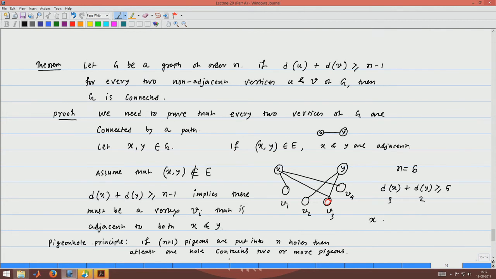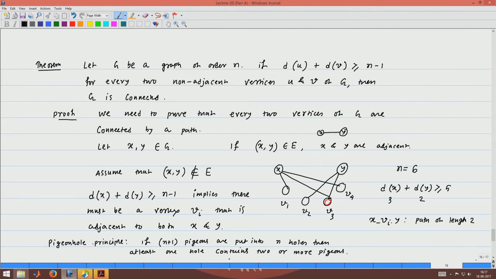So, x, Vi, y is a path of length 2. I did not say what the length of a path is. So, it has 2 edges in this path. I omitted the edges now because the sequence of vertices is enough.